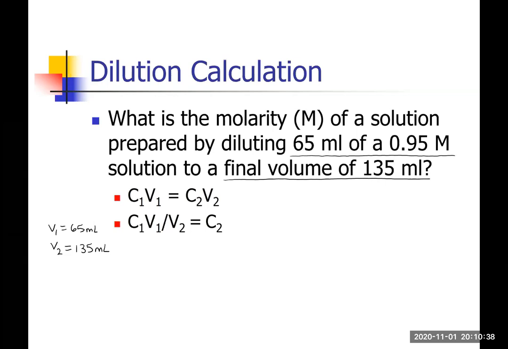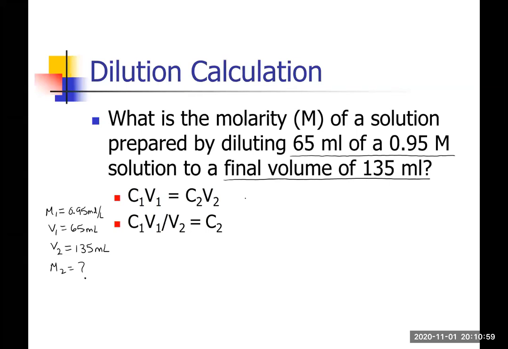So that means that M1 has to be the 0.95 moles per liter. And so I'm looking for M2. That is the one variable that I don't have.